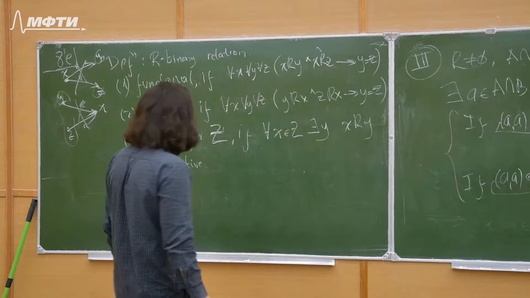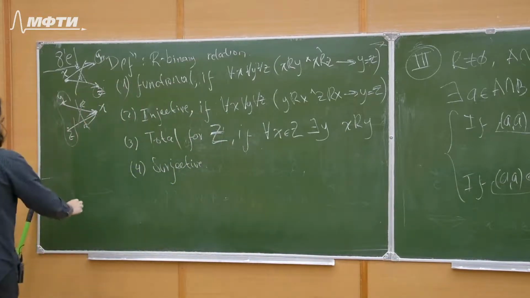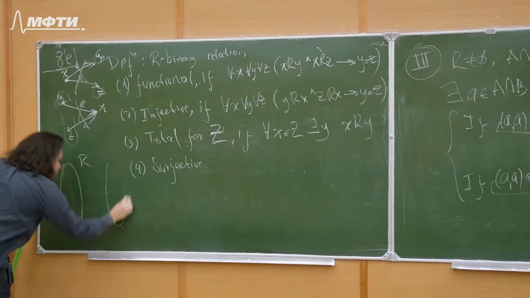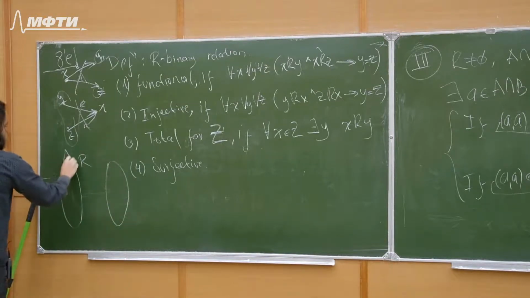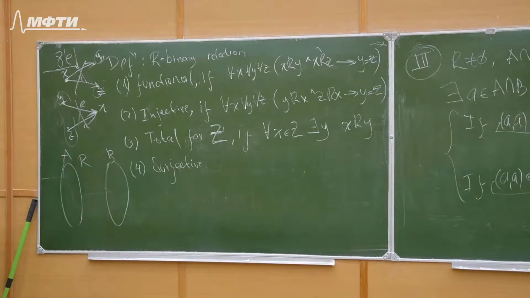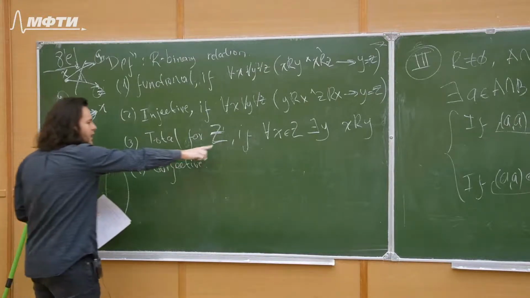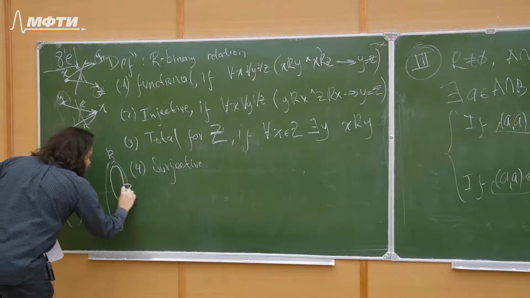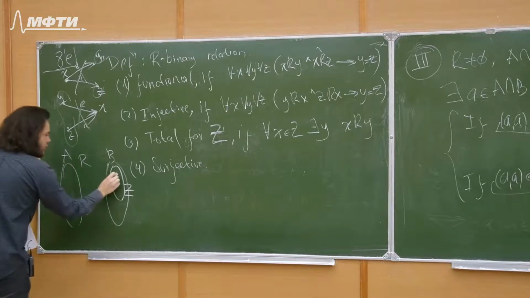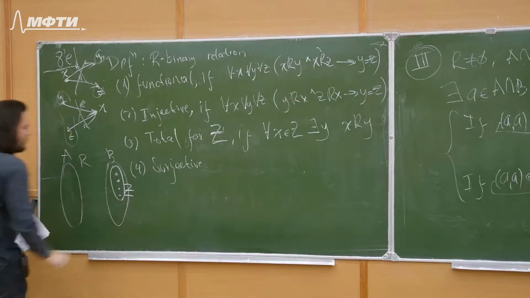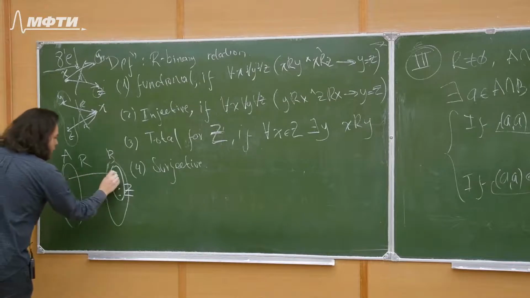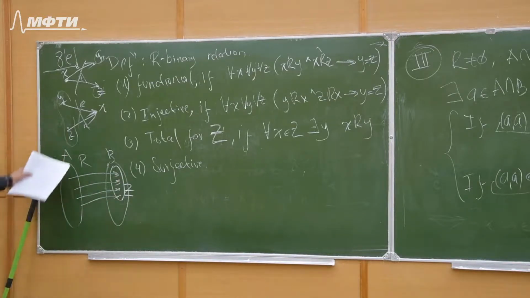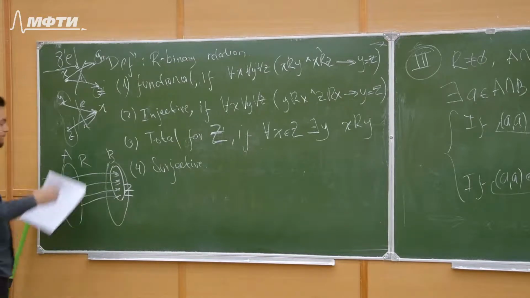Okay, so in this case we have R, right? We have from some, I don't know, A, B, right? And then we take some subset of B, Z here. Yes, we have some elements here. And then we look at all the arrows, you can say, all the binary pairs, right?